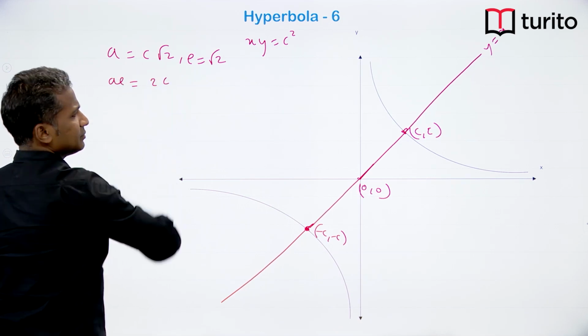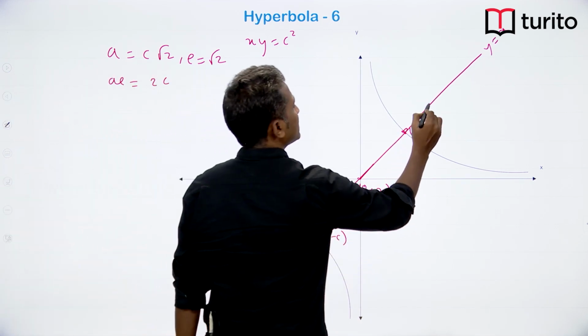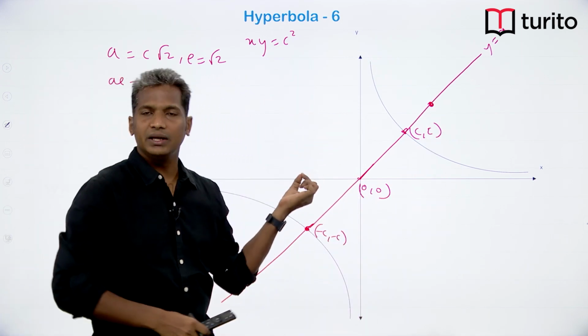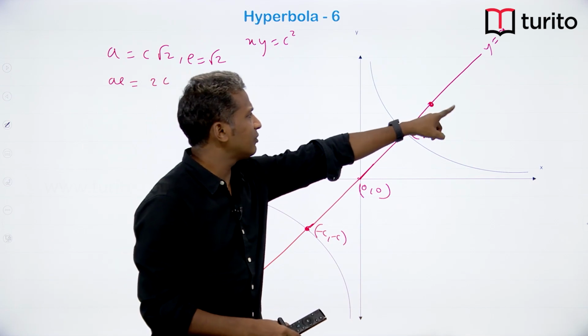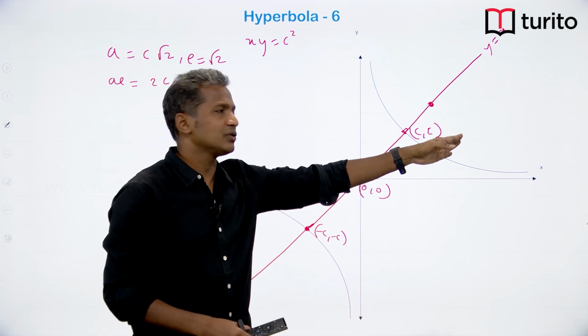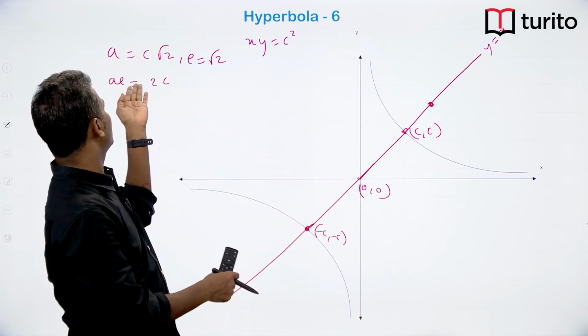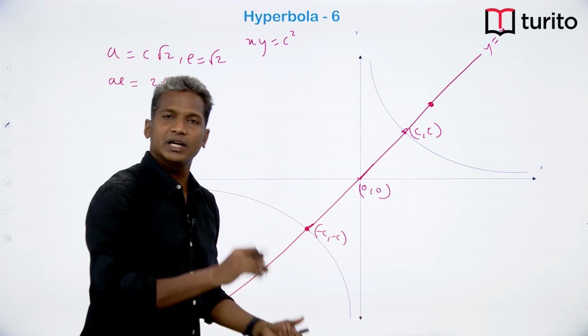It will be 2c. So, that means the focus can be calculated by taking the distance to be AE. Now, because both x and y coordinates are to be equal, so if I take one as h, the other also will be h, 2h square must be equal to 4c square. So, that way we can get h.